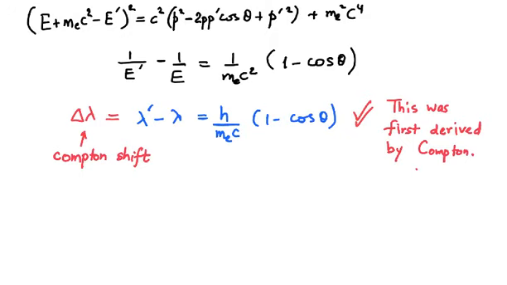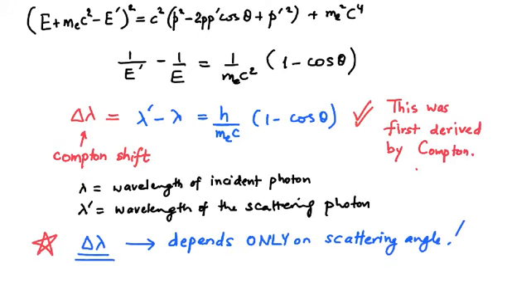Now there are a few things to notice in this important equation, the Compton shift equation. First, the Compton shift does not depend on the initial incident wavelength. It does not depend upon the scattering material. It only depends on the scattering angle.